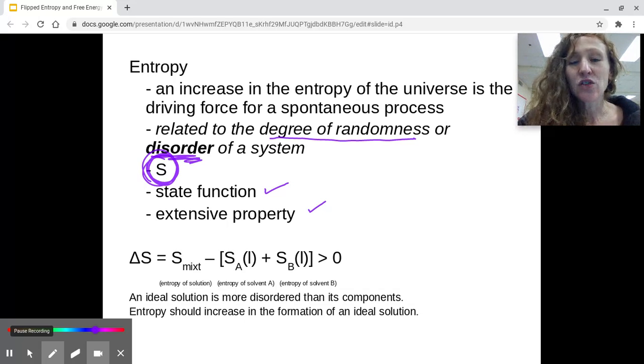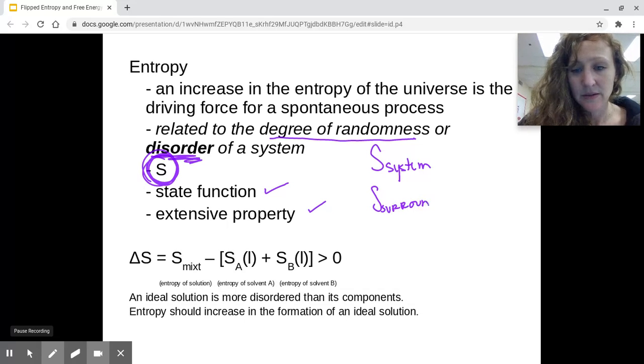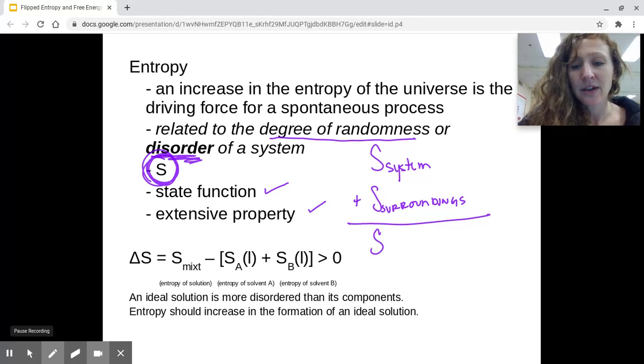So entropy, just like enthalpy, we can describe for the system. We can describe the entropy of the surroundings. And together, entropy of the system and entropy of the surroundings make up the entropy of the universe.